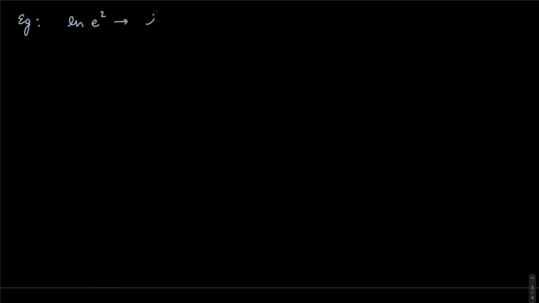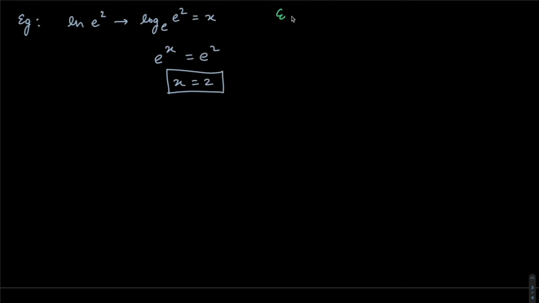This is like saying log base e of e squared is equal to x. So I can write this as e raised to the power x is equal to e squared. Bases are the same, just compare the exponents. So x is equal to 2. It's that simple. There's no rocket science here at all.